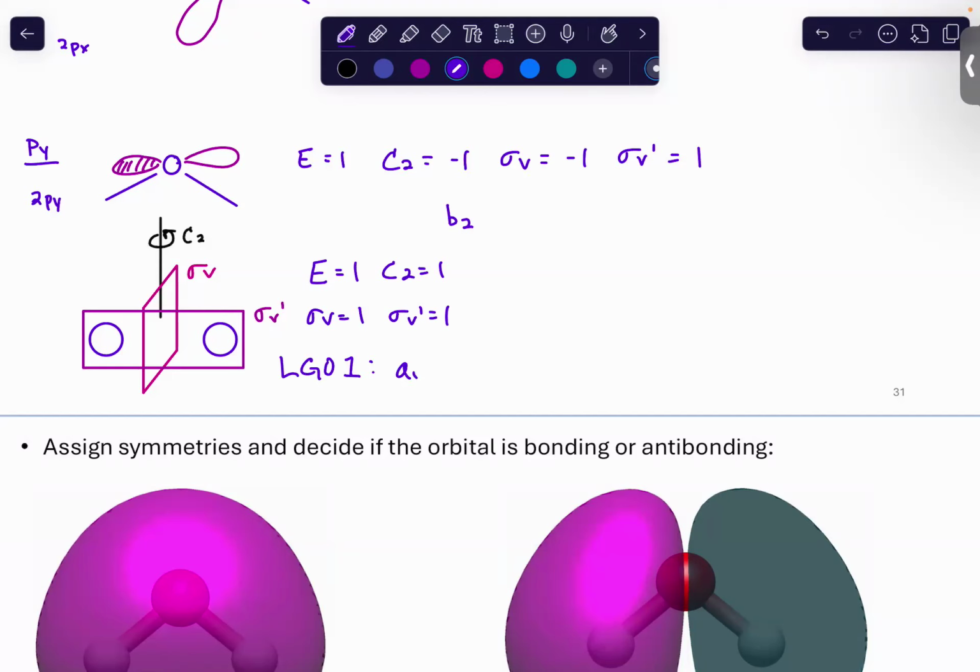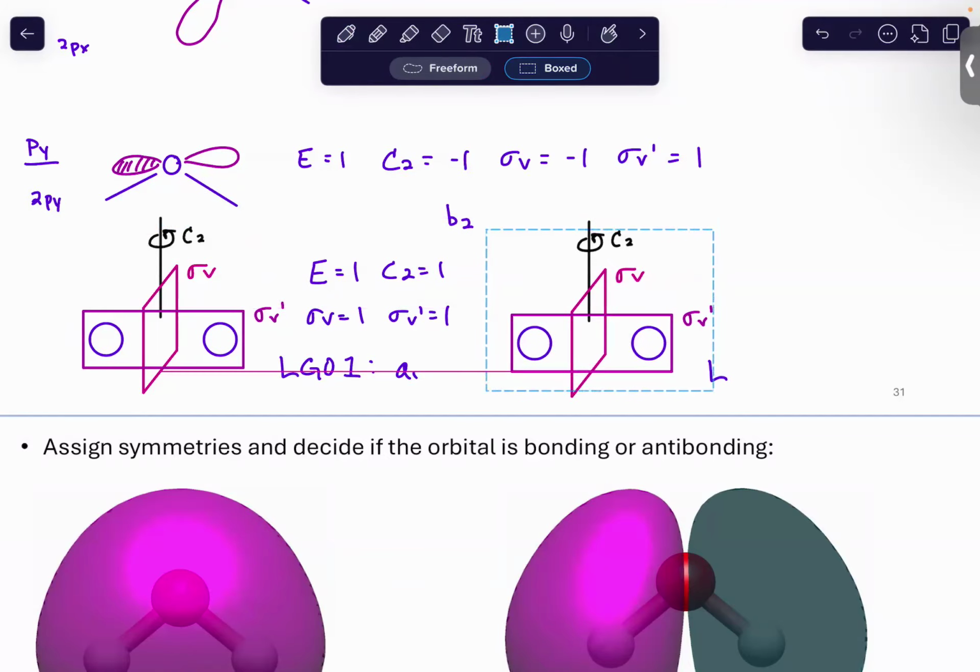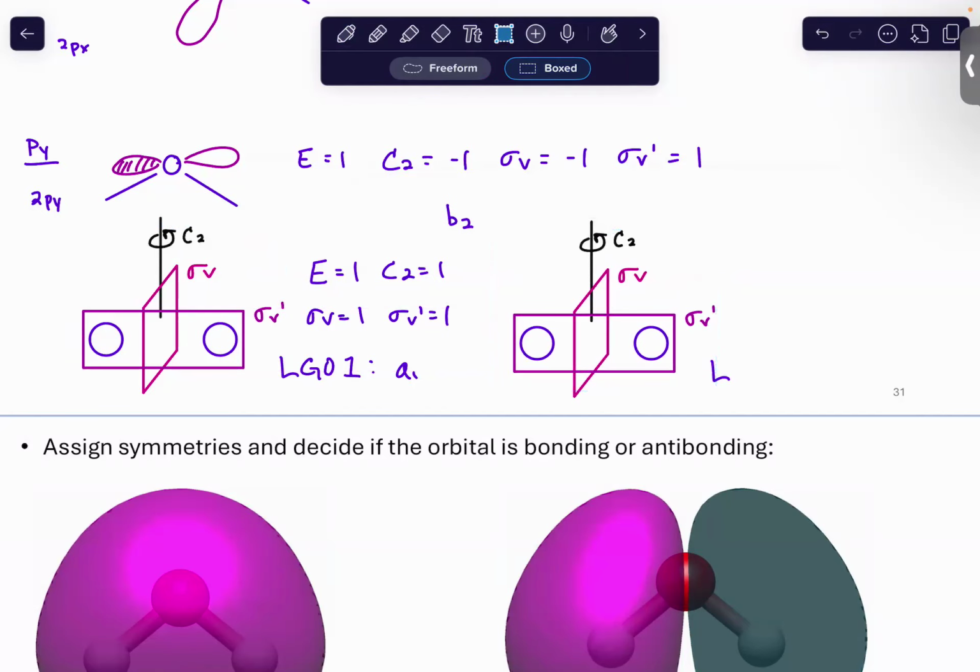Now, if we draw this again, at this time, we change the phase of one of them.